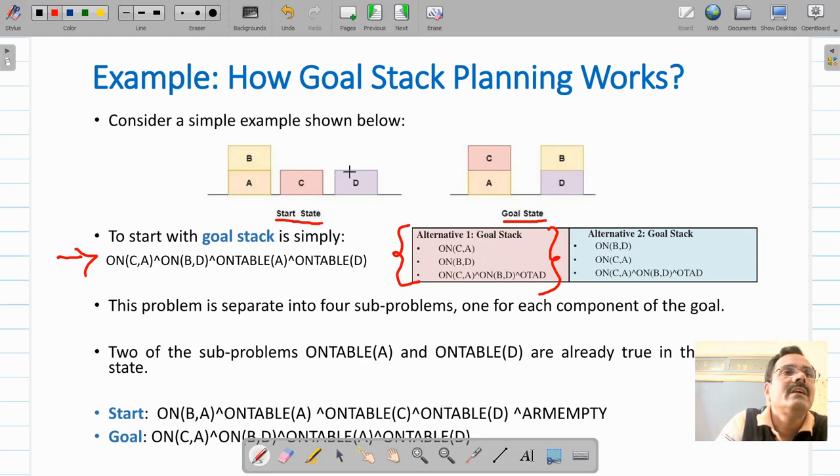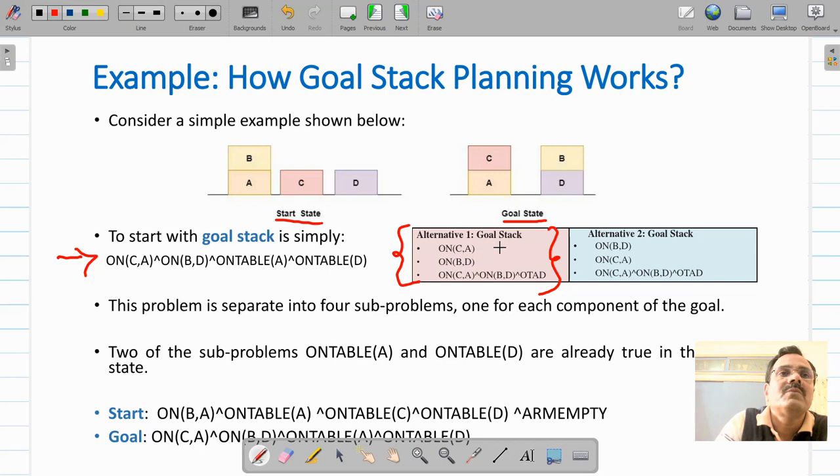A is on table and D is already on table. So right now you need not worry about A and D. So two sub goals we will have to satisfy: one is that block B is on block D and another one is block C is on block A.